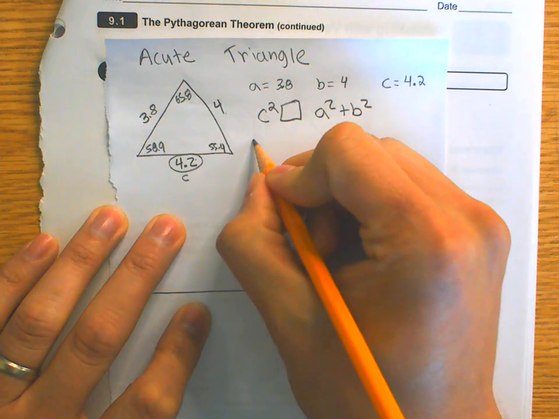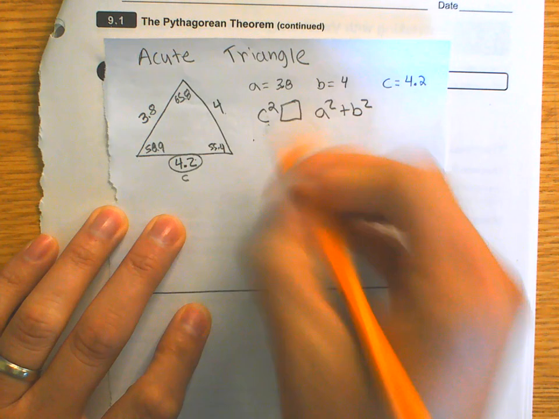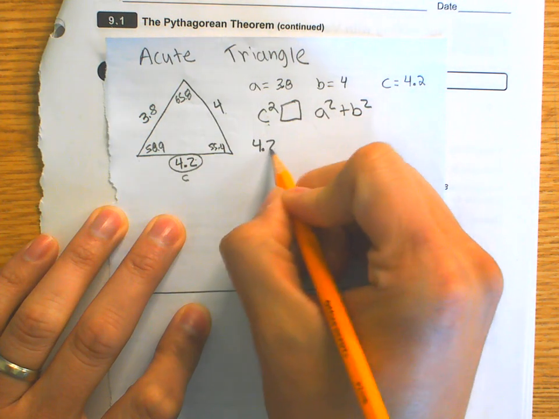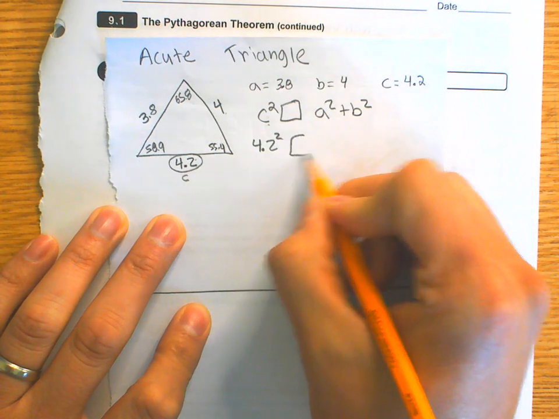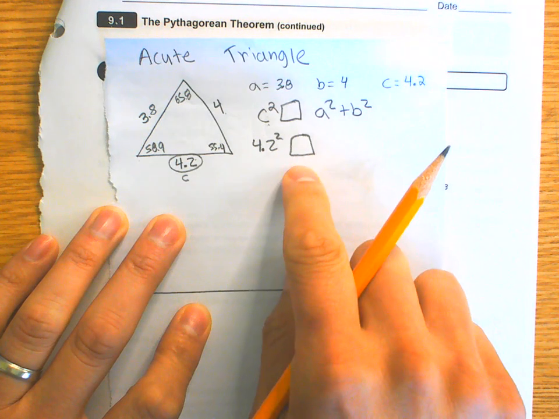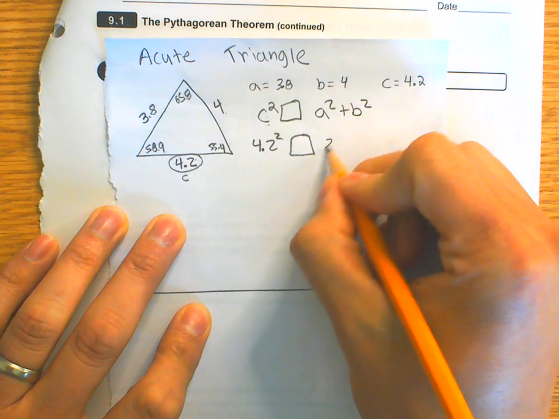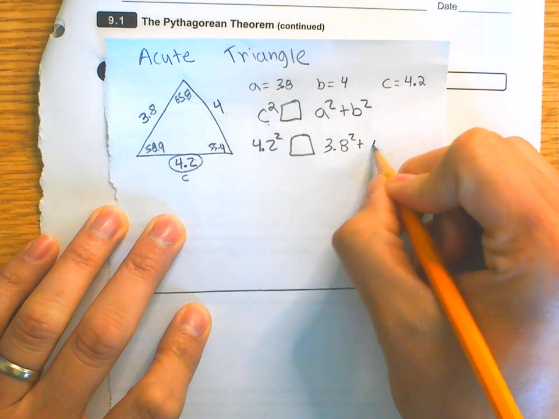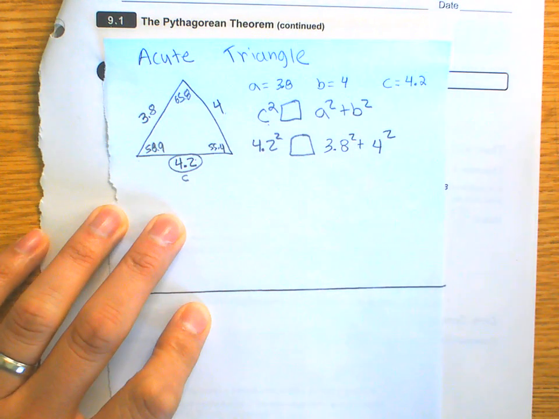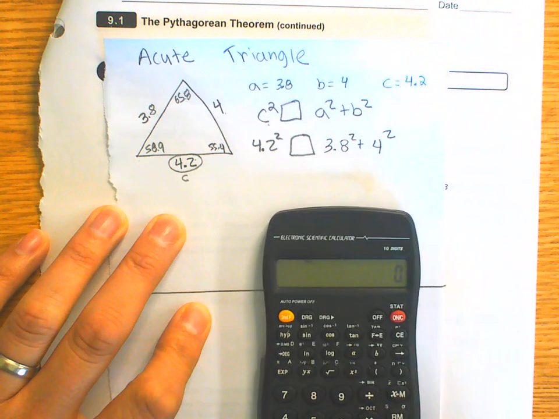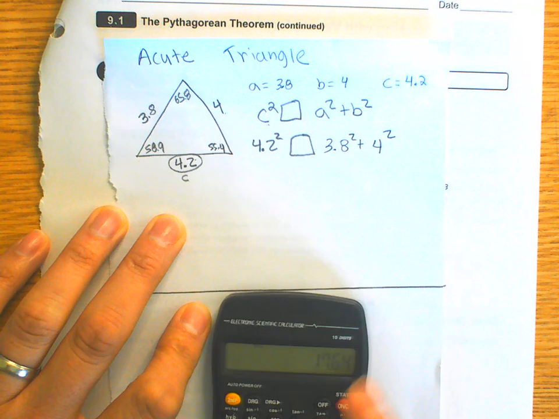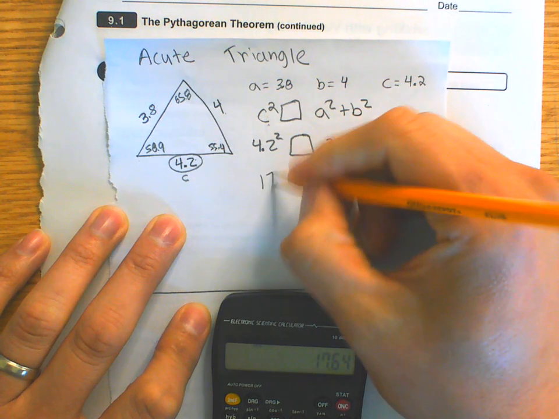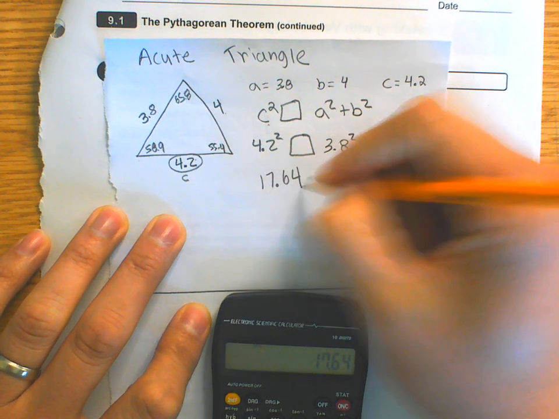For C, we're going to plug in 4.2 quantity squared. That box is going to be for my future inequality, by the way. 3.8 quantity squared plus 4 squared. Now we're going to use the calculator to figure out all these numbers. You know, let's work smart. So that's going to be about 17.64.